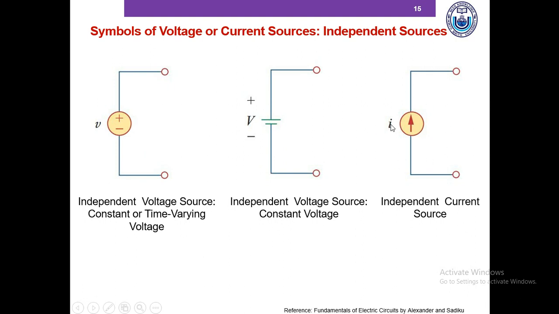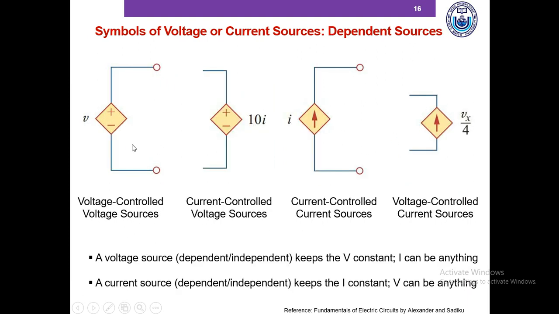So basically the value of the current source and an arrow mark here. So these are the symbols of the 4 dependent sources that we just discussed. This is the symbol of voltage control voltage source. This is the symbol of current control voltage source, this is current control current source, and this is voltage control current source.